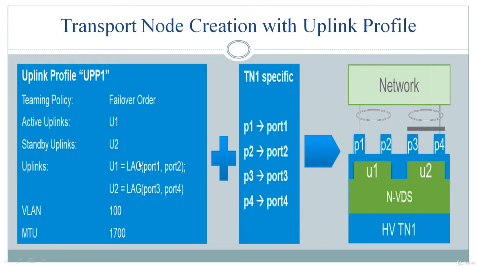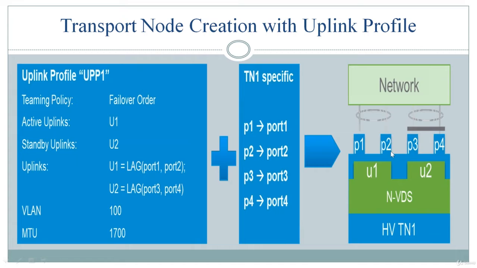Now once we create this particular uplink profile, we have to go to the transport node, go inside the host, and map like this. So my NVDS, the uplink U1. Here you can see that U1 is mapped with the VMNIC, say physical link 1, VMNIC 1 and VMNIC 2, that is physical link 1, physical link 2, physical link 3 and 4.